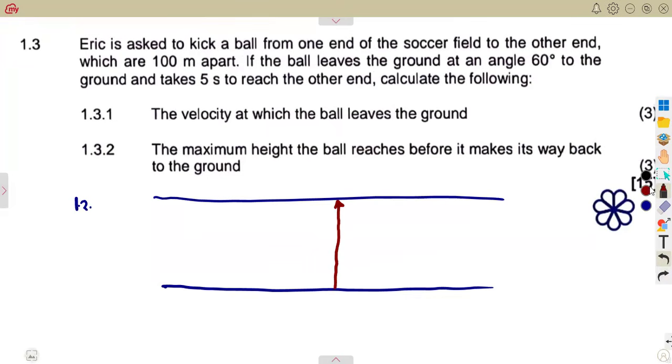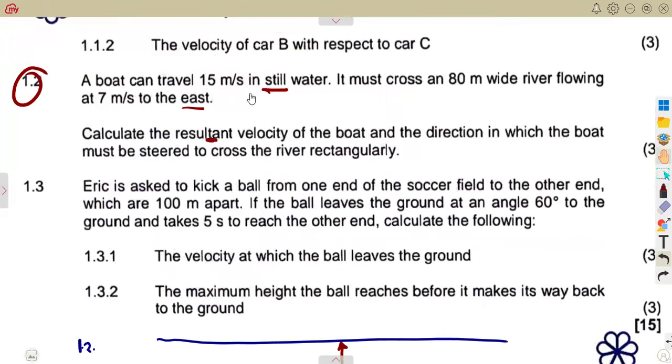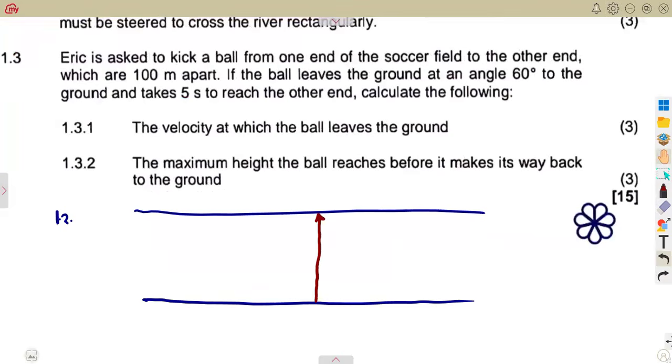The 15 meters per second is the velocity of the boat. This is where our boat is, and it is going up at 15 meters per second. Not this way; this way you're now talking of the resultant. So the 15 meters is not this side.